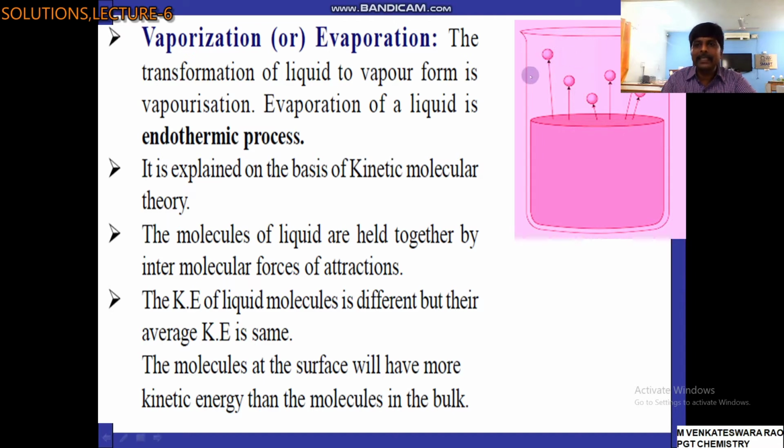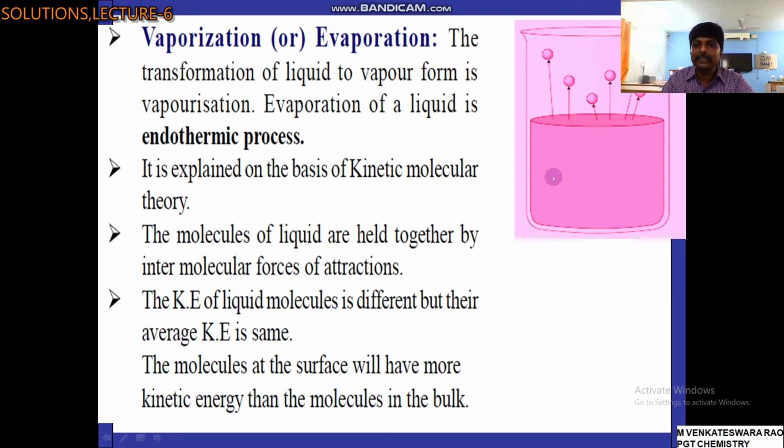You can see these surface molecules here. Surface molecules have more energy than the molecules present in the bulk, because collisions may take place in between.